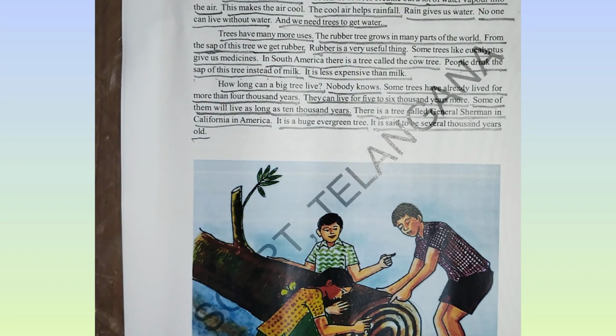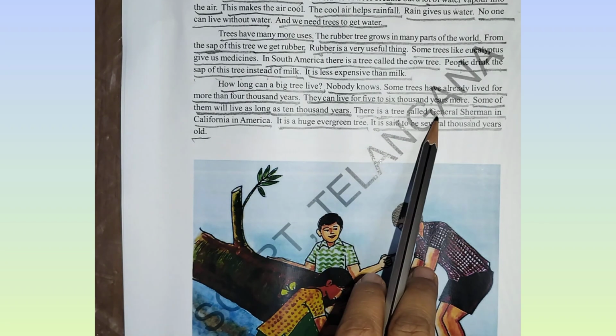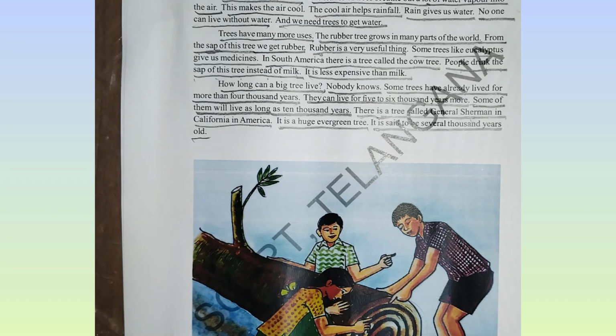So that tree is said to be several thousand years old, they are saying. Okay, what is the meaning of General Sherman tree? Let's have a look at the General Sherman tree.